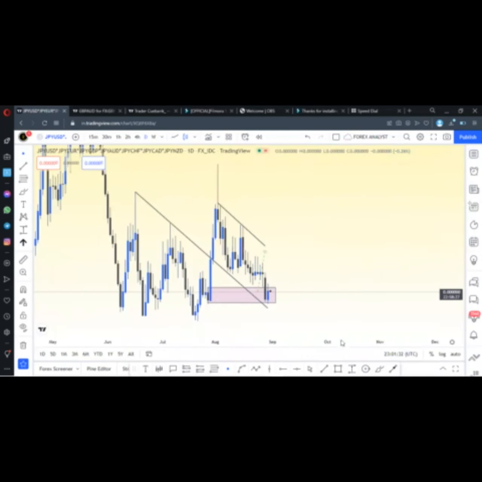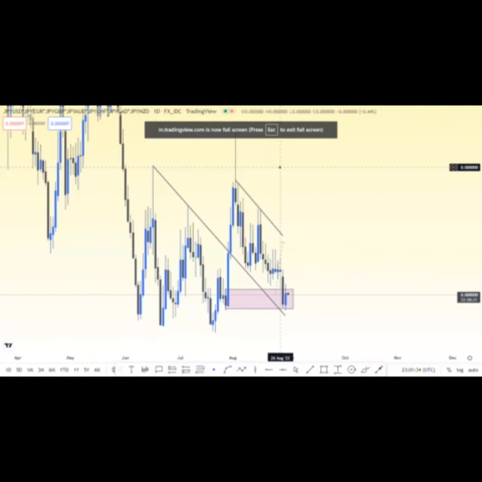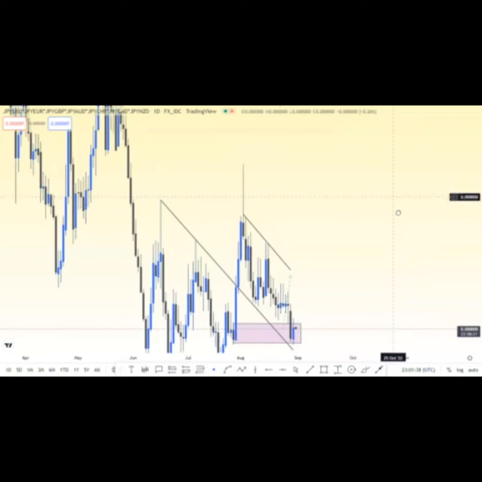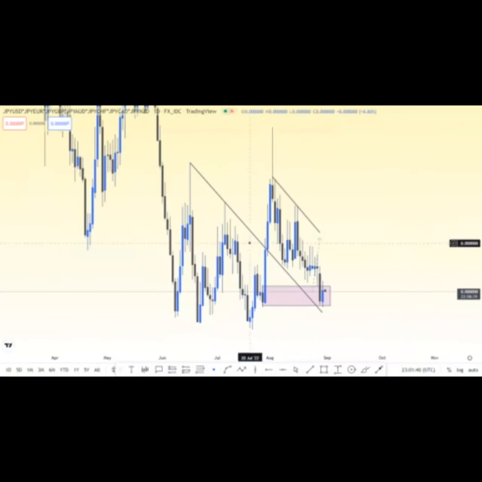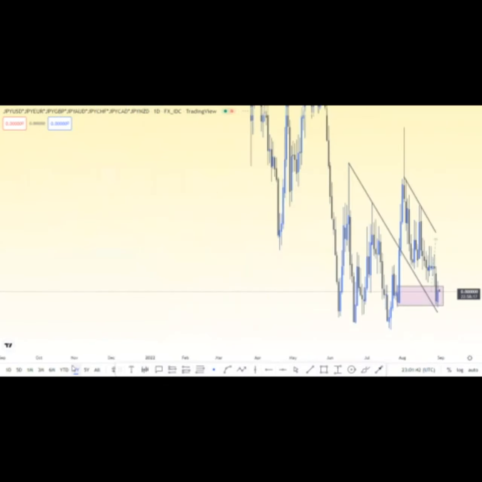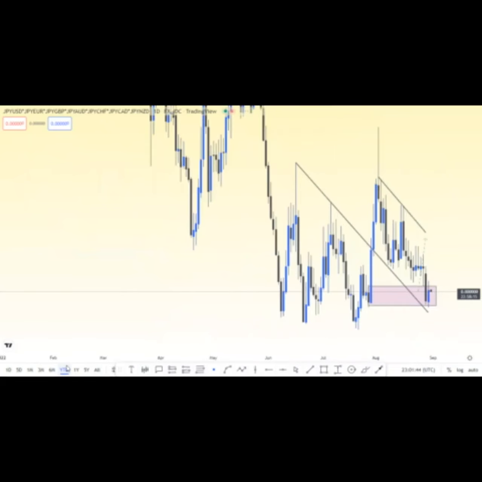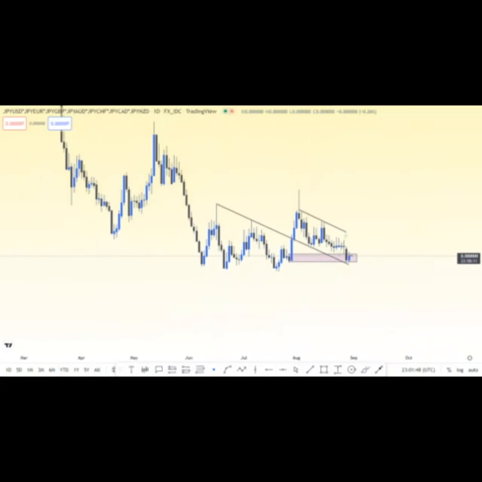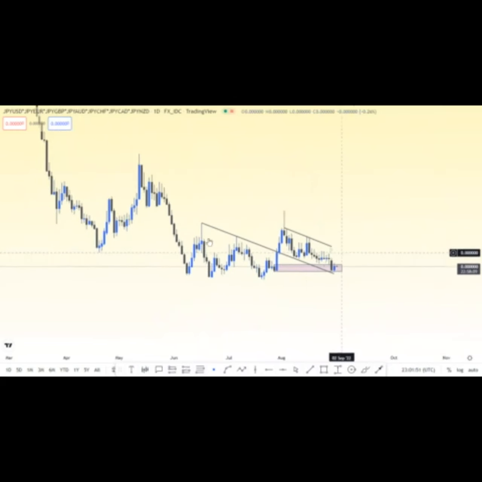This is the JPY fundamentals. So you can see that it came down, so the JPY might be strengthening.